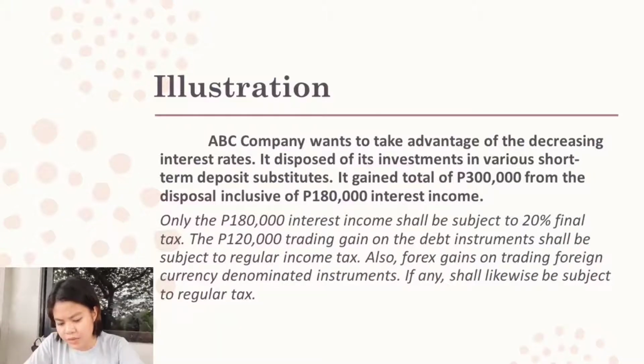Only the 180,000 interest income shall be subject to 20% final tax. The 120,000 trading gain on the debt instruments shall be subject to regular income tax. Also, forex gains on trading foreign currency denominated instruments, if any, shall likewise be subject to regular tax.